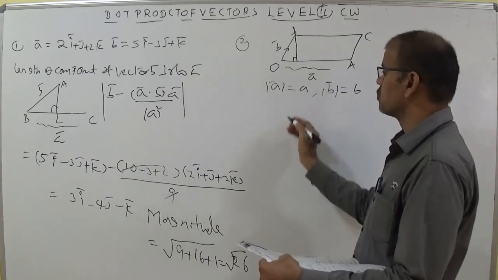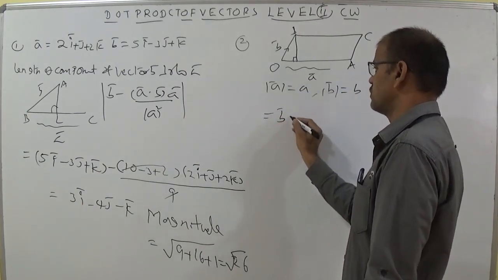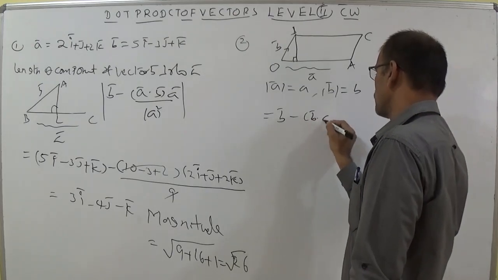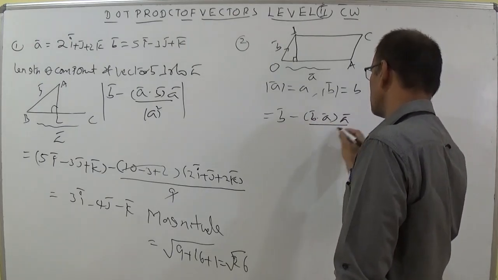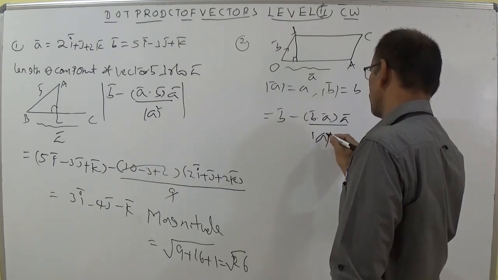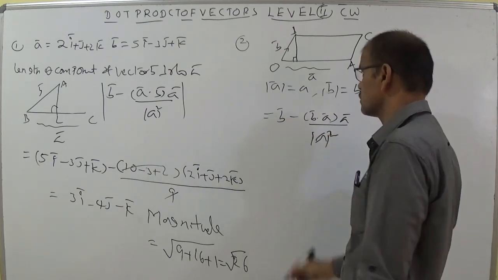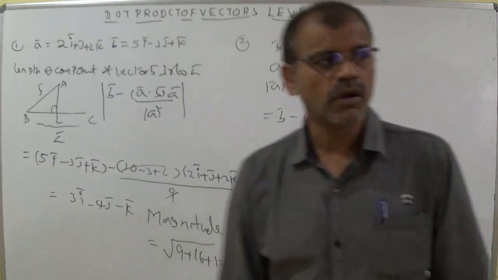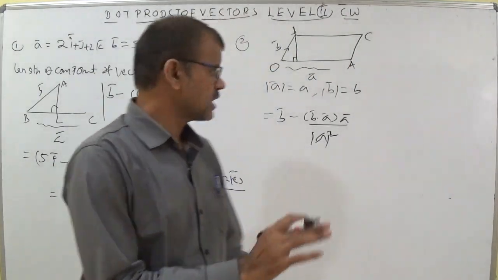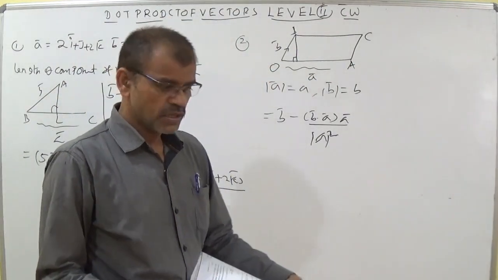So the same formula I said previously, with proof: B bar minus (B bar dot A bar) into A bar by modulus of A bar square. If he asks for magnitude, then you put the modulus, otherwise no need. Simply it is a vector. Next, third question.